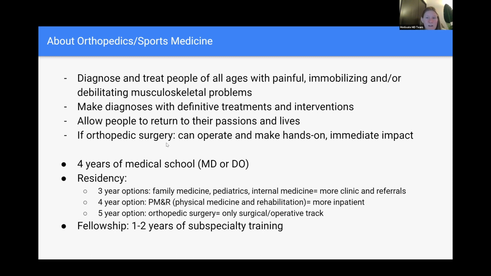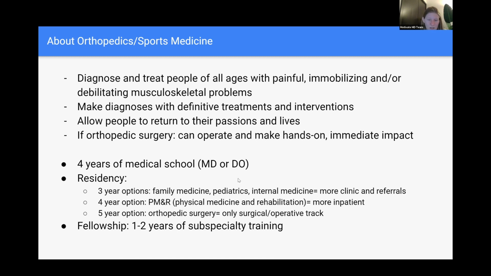And there's so many different ways that you can do sports medicine. If you were doing non-surgical sports medicine, family medicine can practice that, pediatrics can practice that, internal medicine even. I would say the first two are probably more common, but internal medicine can also do some element of musculoskeletal care.